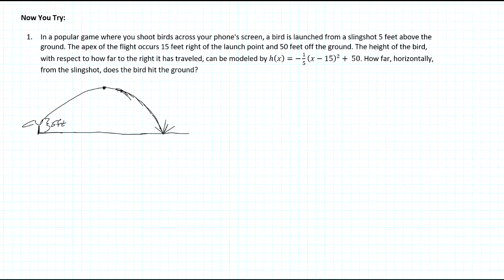And this apex occurs 15 feet to the right and 50 feet up. And we want to know what is this distance all the way over to where it hits the ground.